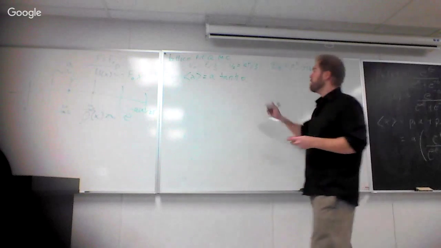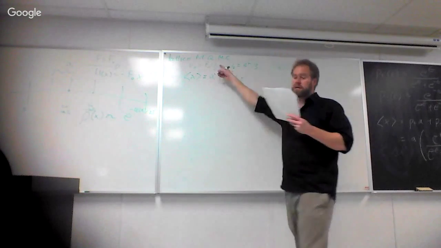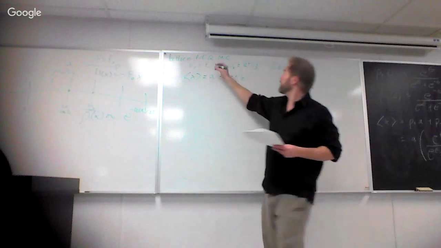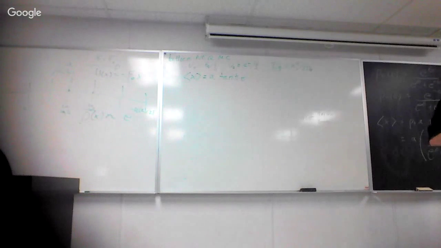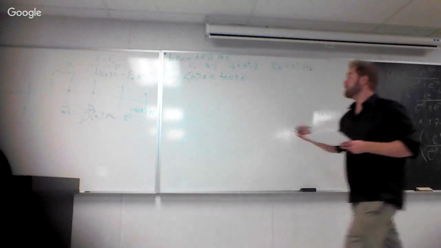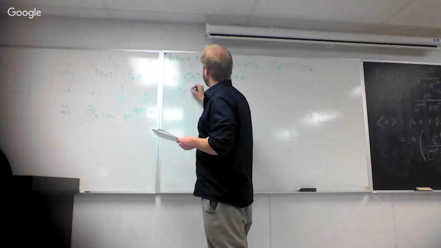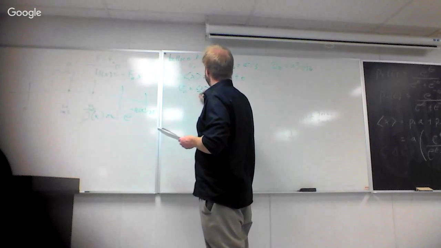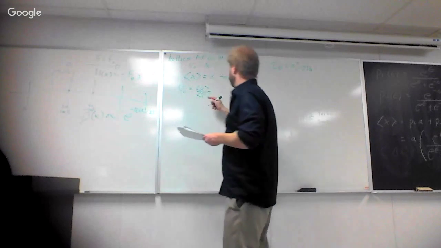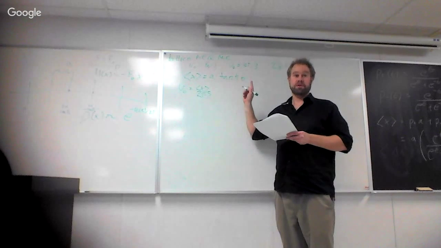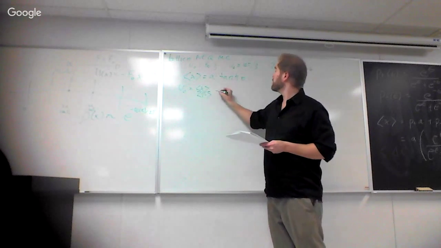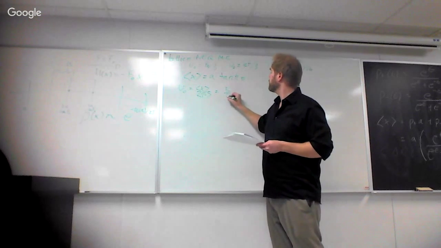But we know that v is equal to f naught over zeta. And we know that v, our drift velocity, is going to be our average x over our average time, where each of these are just one step. So we know this is equal to f naught over zeta.